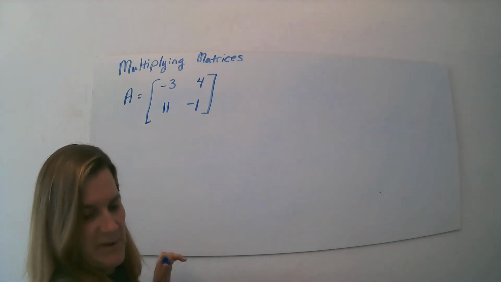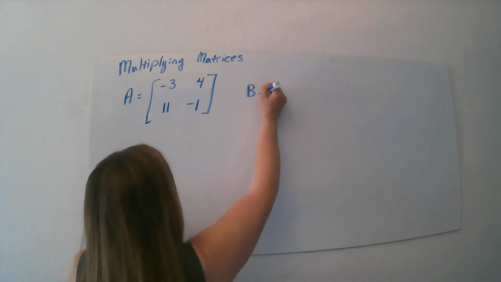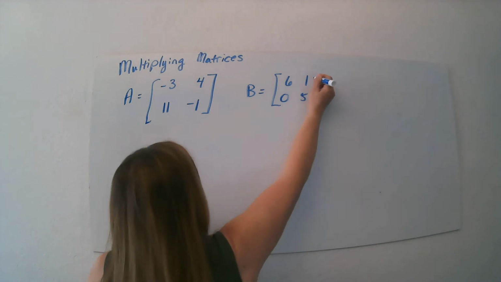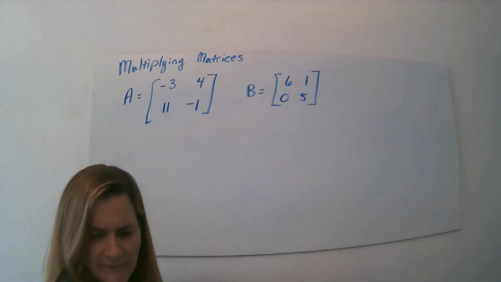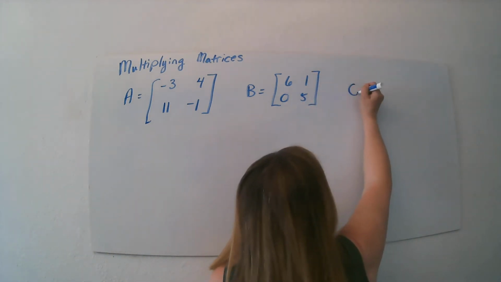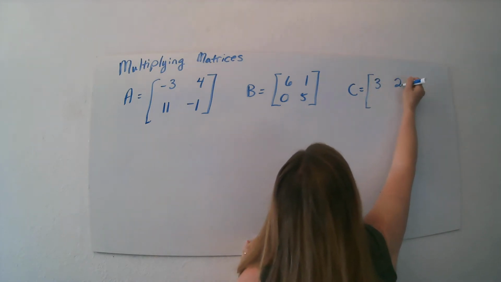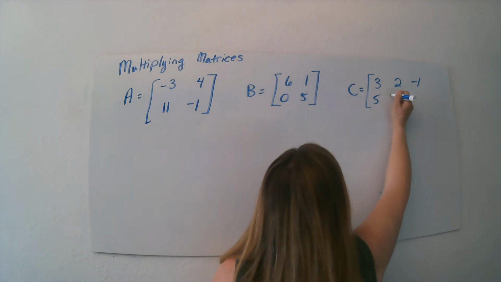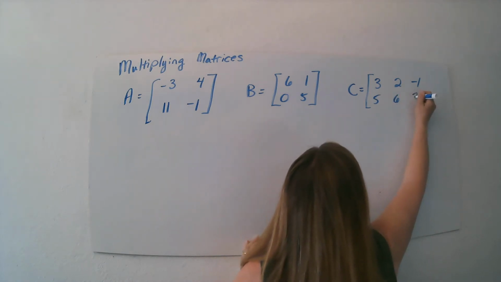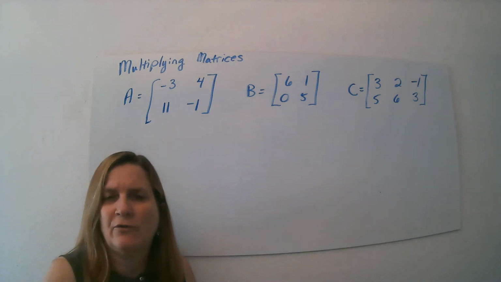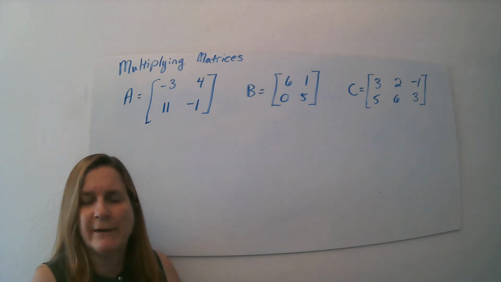I'll let the B matrix equal 6, 1, 0, 5. And I'm going to come up with a third matrix. We'll call it matrix C. And it will be 3, 2, negative 1, 5, 6, 3. So those will be the matrices that we'll use for the next few problems when we're multiplying.